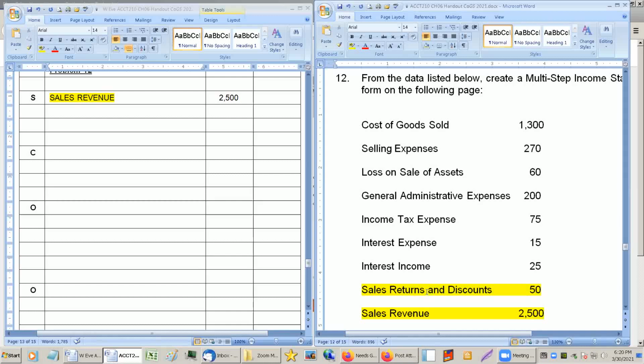You know, if there's a problem with it, they ordered a green one, we send them a red one or whatever it is. So sales returns and discounts, these are things that reduce the sales. So underneath here, we'll say, and that's going to reduce the sales.